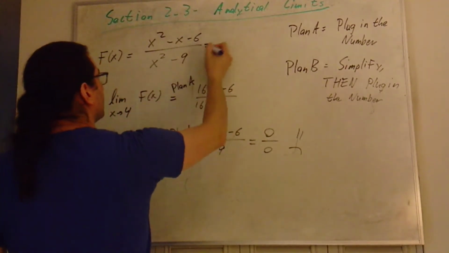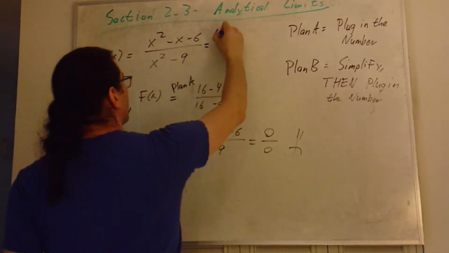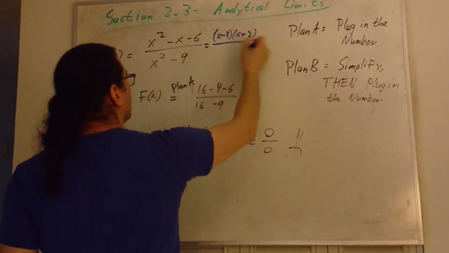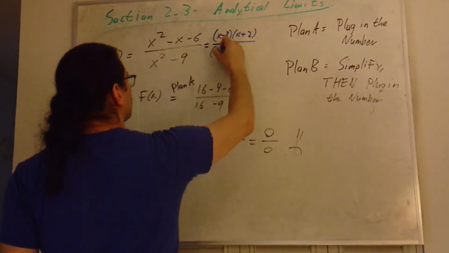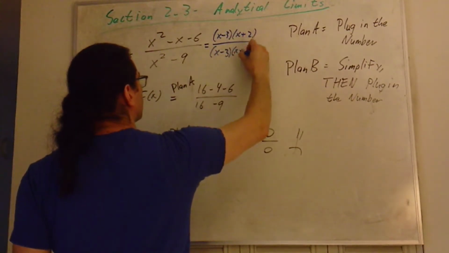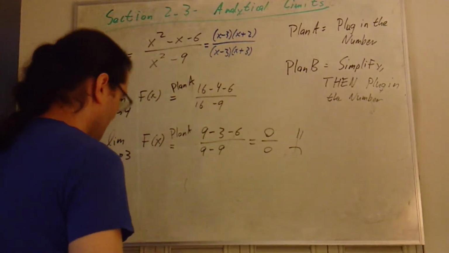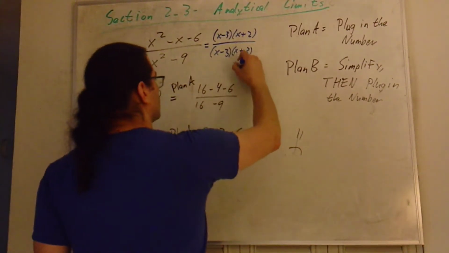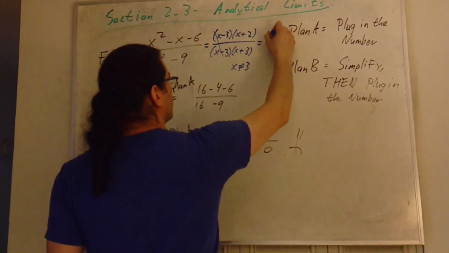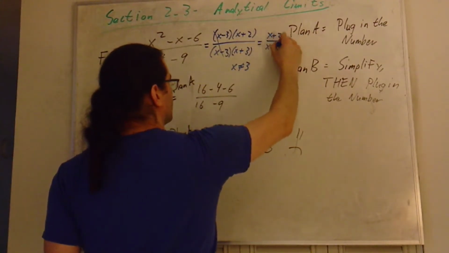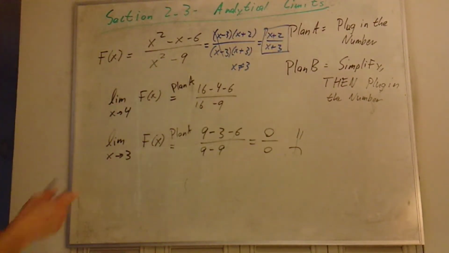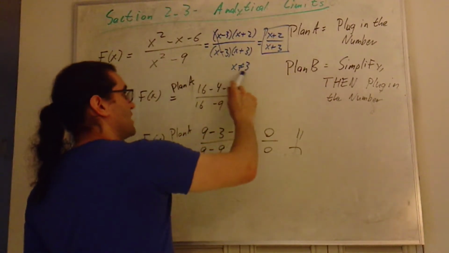Looks like the top should factor into x minus 3 and x plus 2. It looks like the bottom should factor into x minus 3 and x plus 3, which means that as long as x does not equal 3, we can cancel these, and this function is x plus 2 over x plus 3. So this is the simplified version of the function, as long as x does not equal 3.